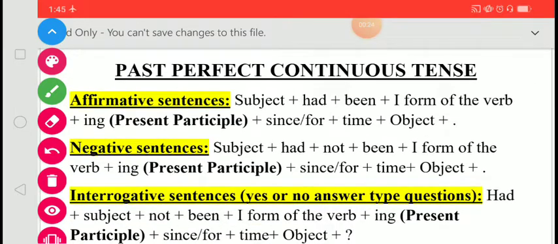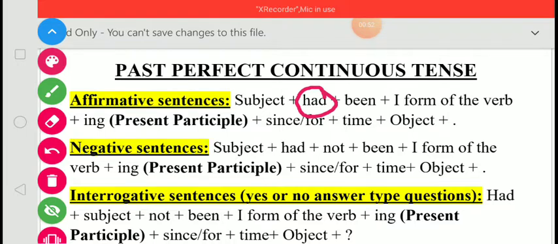Past perfect continuous tense is almost the same as present perfect continuous tense. The only difference between both tenses is in the helping verb. In present perfect continuous tense, we use the helping verb has been, have been, while in past perfect continuous tense, we use the helping verb had been.